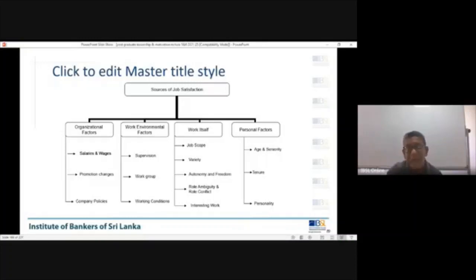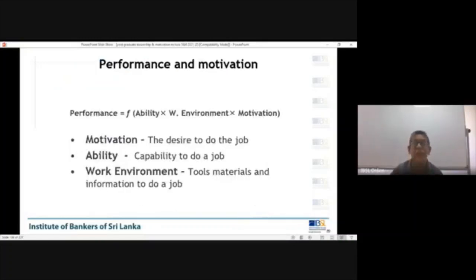Let's look at the relationship between performance and motivation. Motivation means desire to do the job. So performance is a function of ability, capability, work environment, so tools, materials, and information to do a job, and the motivation.